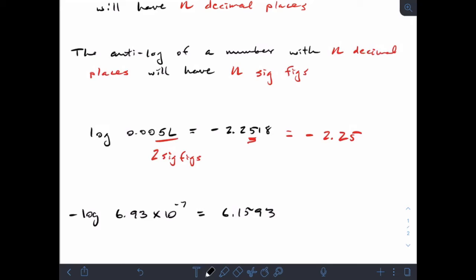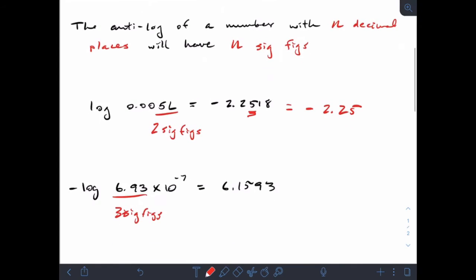Same rule applies. In my original number, I have 3 sig figs, so in my final answer I will give my number to the third decimal place. The final answer here will be 6.159 to the correct number of sig figs.